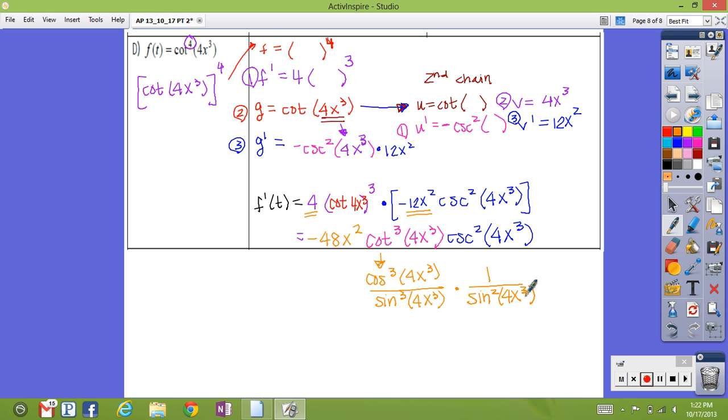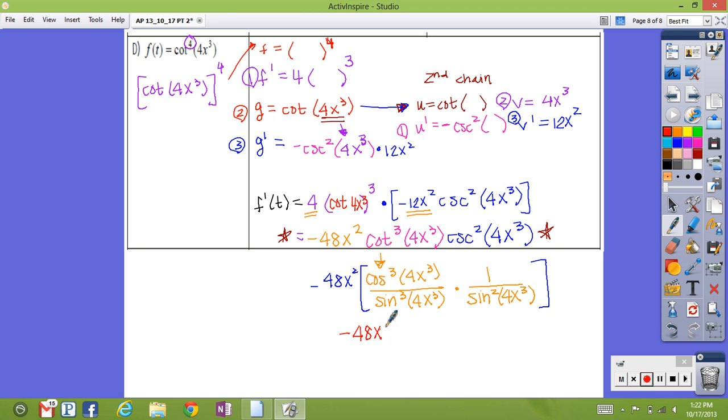So depending on a multiple choice question, that's how you would decide how far you were going with this. Most of my quizzes and tests, I actually say you can leave your answers in terms of the 6 trig functions, and as long as that's written, this right here would have been the answer. I'm showing you how to simplify more, also to be clear about what you can't simplify.